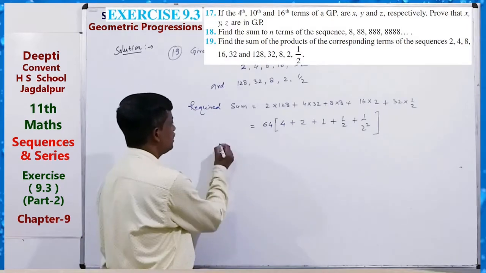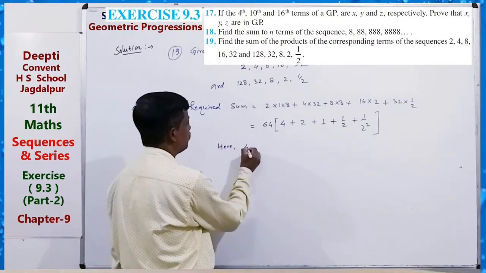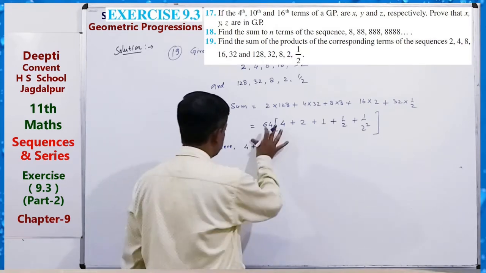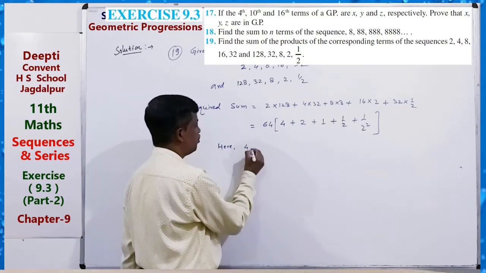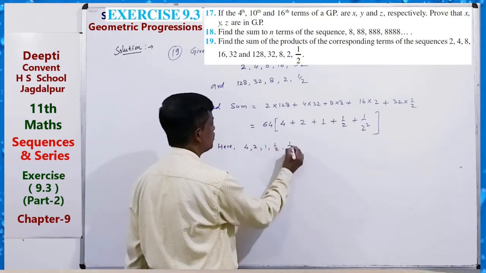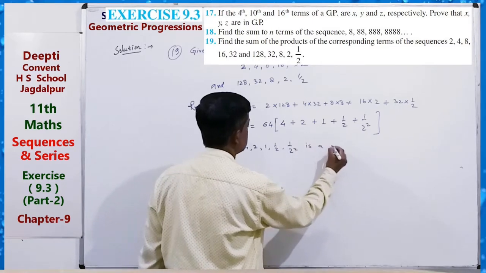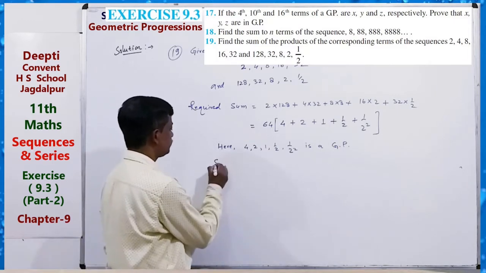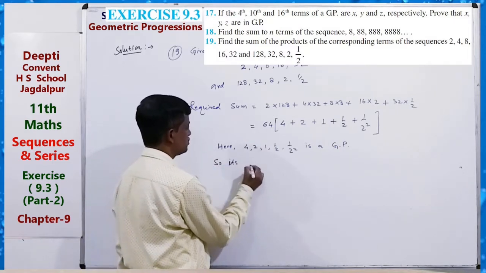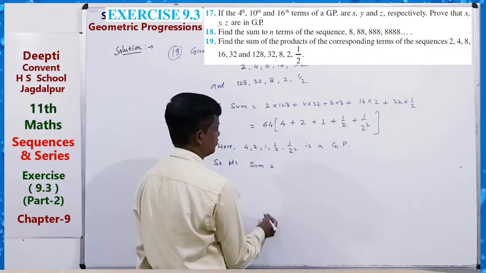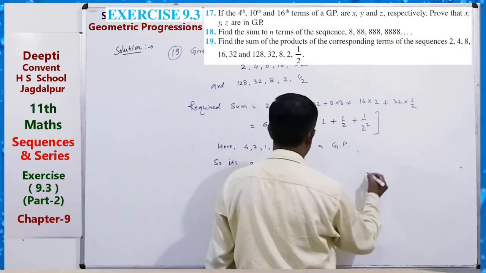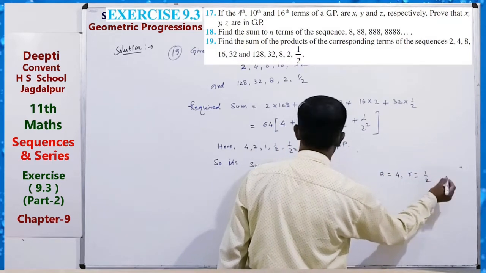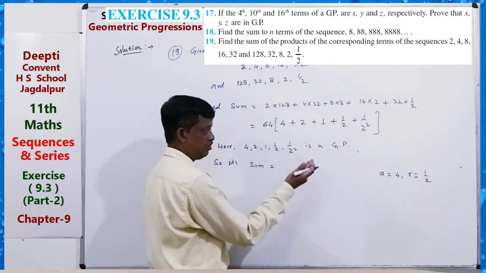Here 4, 2, 1, 1 by 2, 1 by 2 square is a GP. Its sum: a equals 4, r equals 1 by 2, which is less than 1.